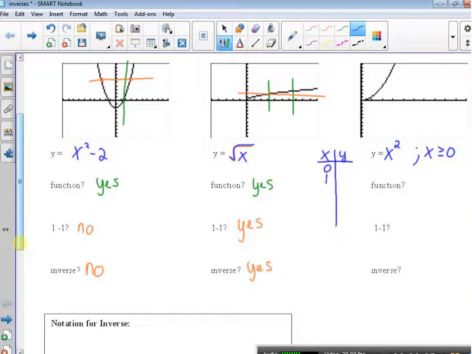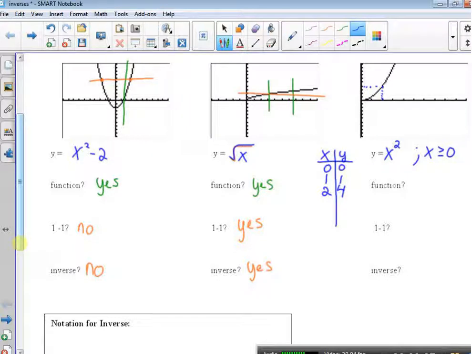We could see when it's 1, it's 1. When x is 2, that's up to about 4. So, x is greater than or equal to 0. We're only seeing this when x is greater than or equal to 0. So we kind of have a limited domain here.